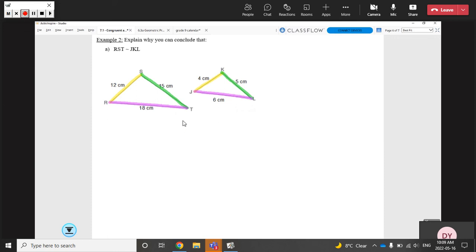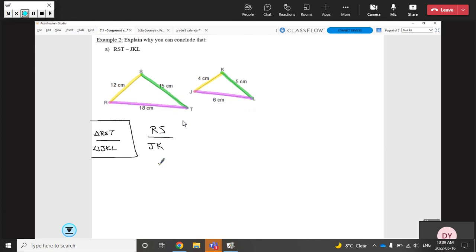So again, just so I remember this, I'm going to keep triangle RST on the top and triangle JKL at the bottom. That has to remain consistent. So RS is where I'm going to start because it's the first two letters, right? RS corresponds with JK.